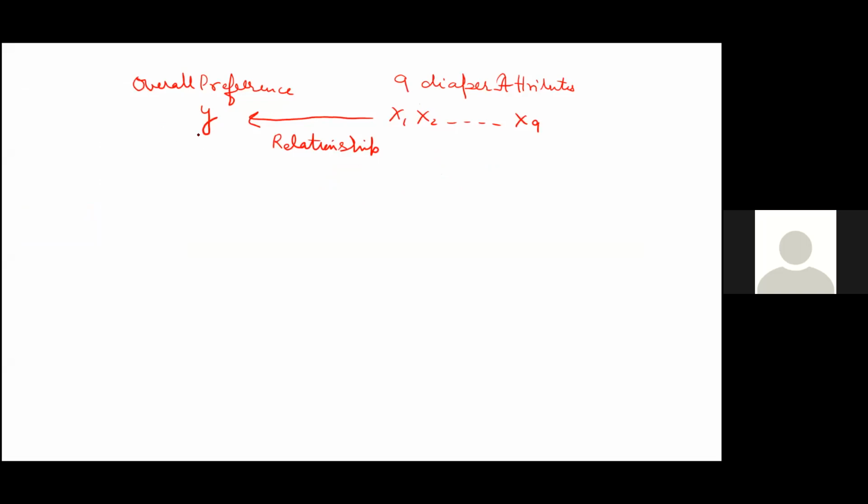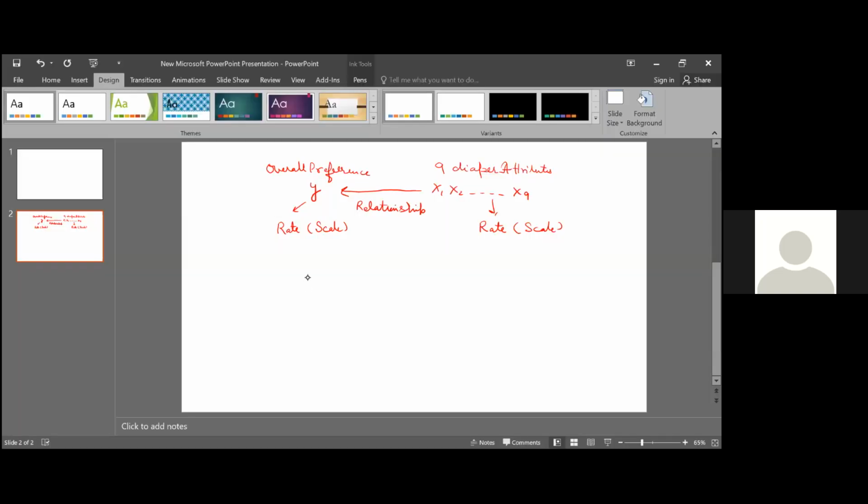And as you observe here, the word used was rated on a scale, right? And here also we have 9 diaper attributes. They are also rated on a scale. So when we use the word like rate or scale, this simply means that we are following some type of scale or the metric variable.